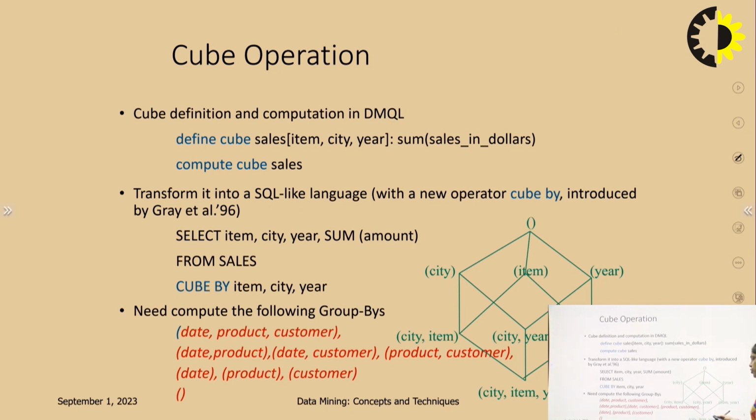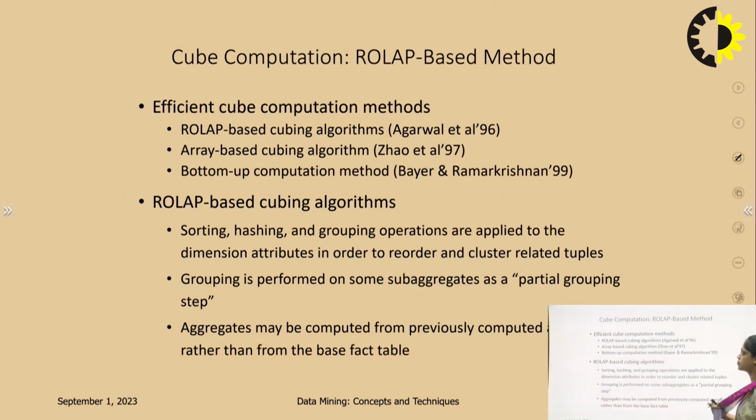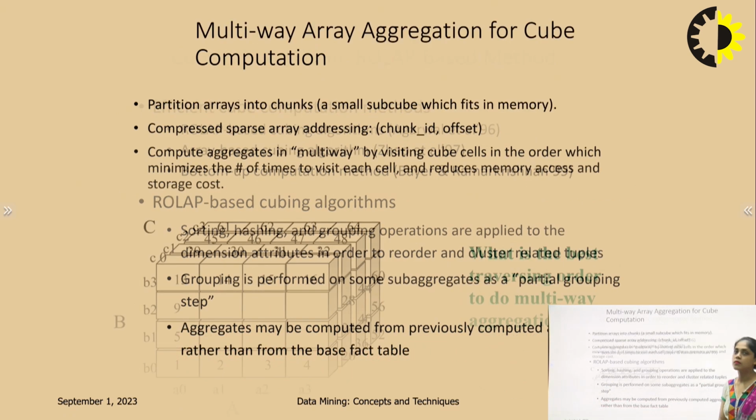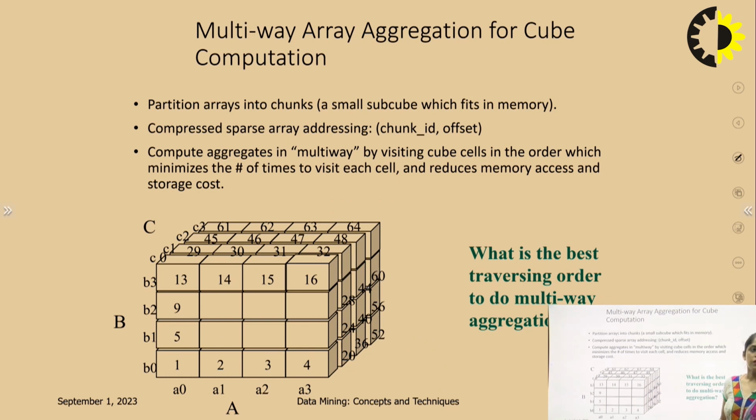Again, the cube operation is there, how this cube has different items and different parameters and how they are connected. For this, we have a particular kind of query. Here we have some important diagrams to understand multi-way array aggregation for cube computation, meaning how we can traverse in order to do the multi-way aggregation, which plays a very important role.